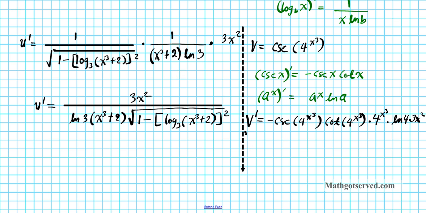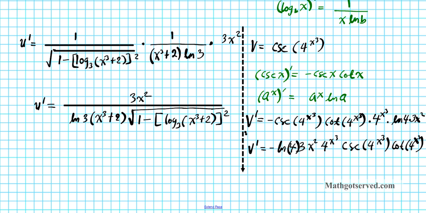Okay, so if we write it nicely, this v prime is going to be negative natural logarithm of 4, parentheses, times 3x squared times 4 to the x to the third, cosecant 4 to the x to the third, cotangent 4 to the x to the third.